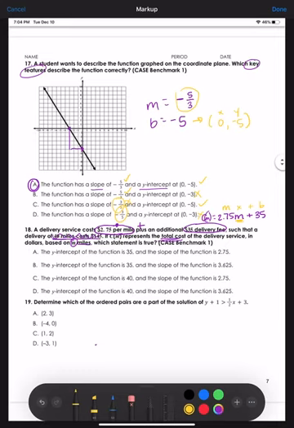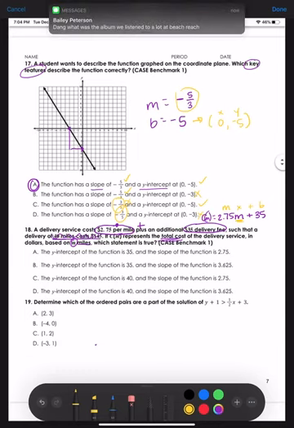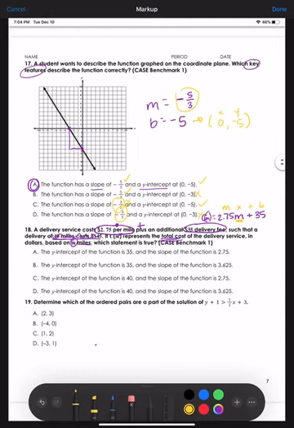So now I think I'm ready to look through and see what my options are. So it says the y-intercept, which is B, of the function is 35, and that is true. And the slope, M, this M, is 2.75. Well, yes, that's true.